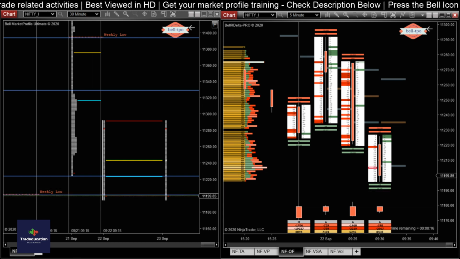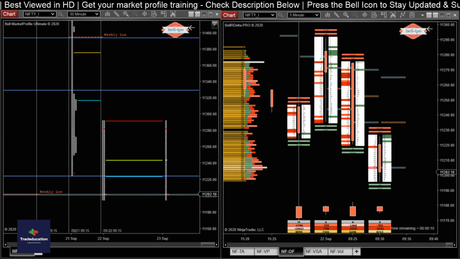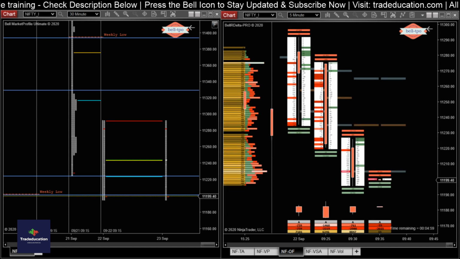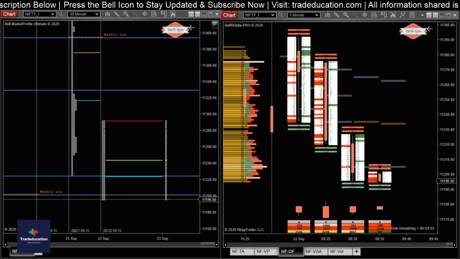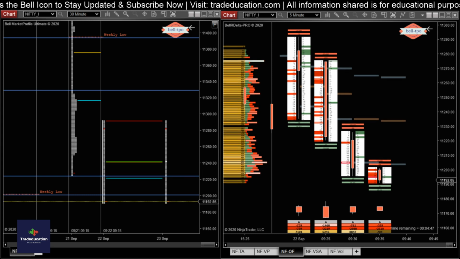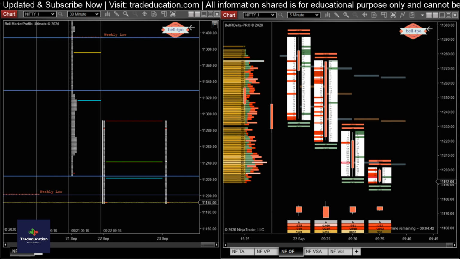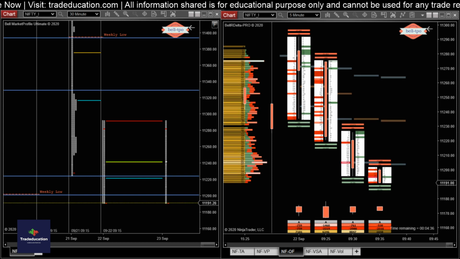So the balance rules comes into the picture today for today's trading. Okay, so this is the push which I was looking for.